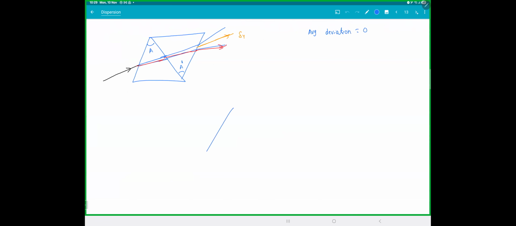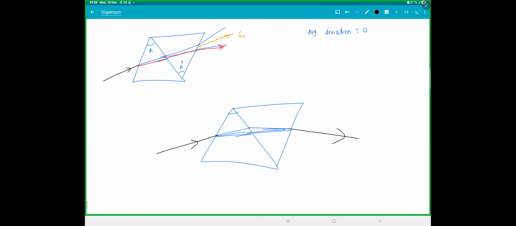This is a little better. So if you send light through this, the light rays will spread, and then this second prism will converge them, and you get back white light. So one is spreading it, one is compressing it.